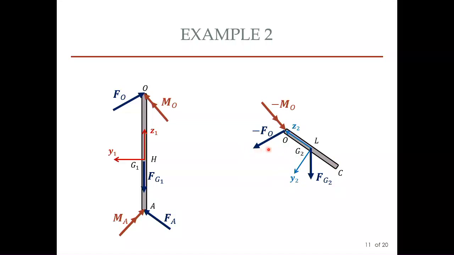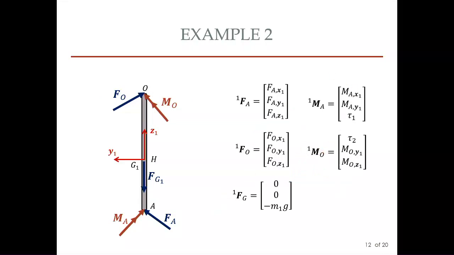I need to choose some coordinate system and specify the 3 components of FO along the axes of that coordinate system, and I need to do that for each of these vectors of forces or moments. So I did it here for all the forces and moments appearing on this diagram.